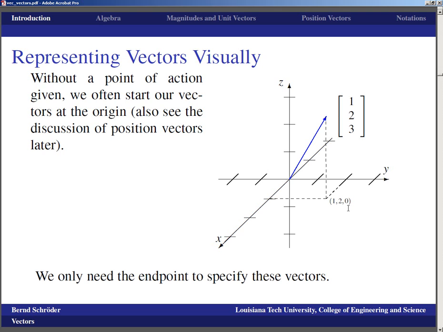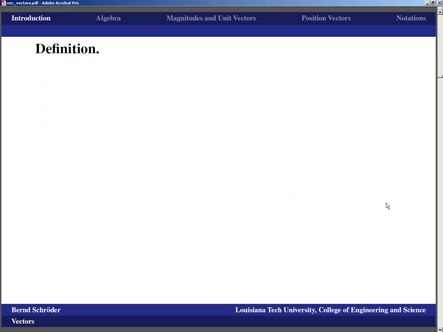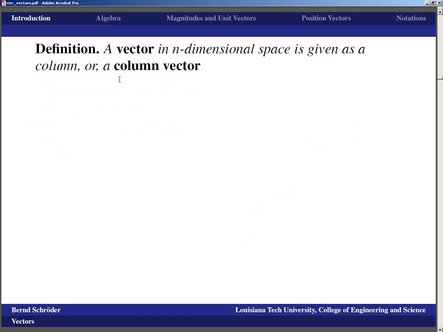Okay, so we only need the endpoint to specify these kinds of vectors that start at the origin, and that is the key to vector notation. So a vector in n-dimensional space is given as a column, or a column vector, written v with an arrow on top, where the column is just v1, v2, all the way through vn, and these things are called the components of the vector.